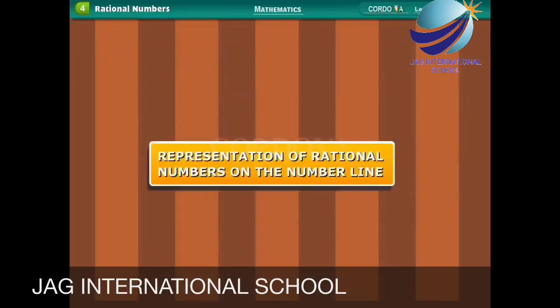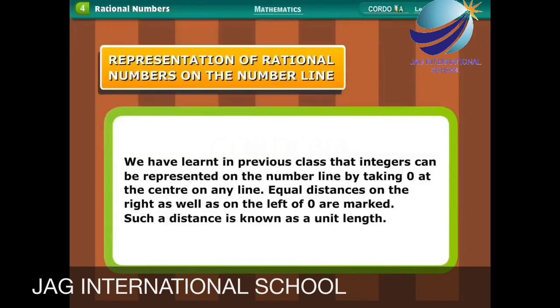Representation of rational numbers on the number line. We have learnt in previous class that integers can be represented on the number line by taking 0 at the center on any line. Equal distances on the right as well as on the left of 0 are marked. Such a distance is known as a unit length.